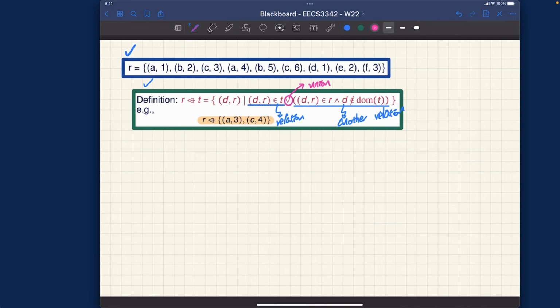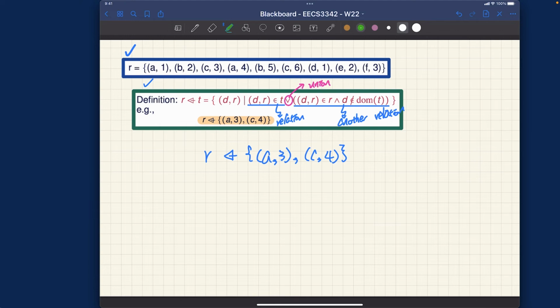Let me write from scratch. It's going to be R overridden by this particular relation, which is just another set of ordered pairs, A3 and also C4. This is how I recommend you calculate the relational overriding.